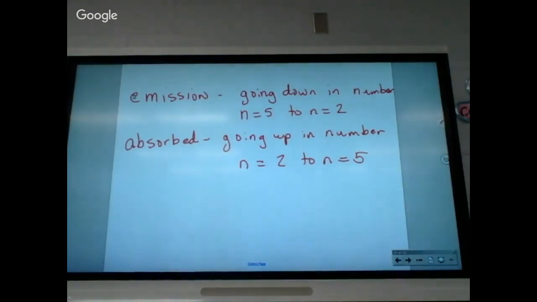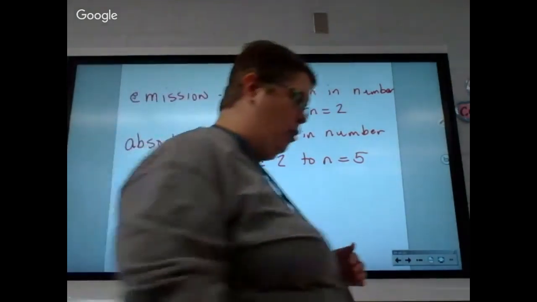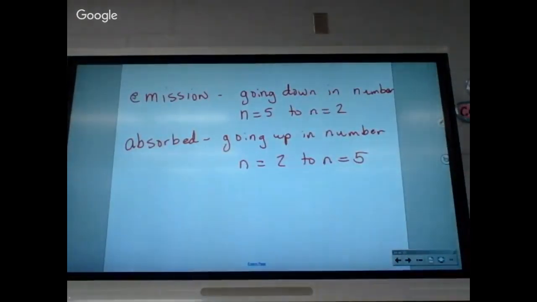Okay. n equals 5 to n equals 2, and n equals 2 to n equals 5. Now, we want to be able to read Bohr's model. If I was to ask you for a color change, let me find a chart so I can ask this.